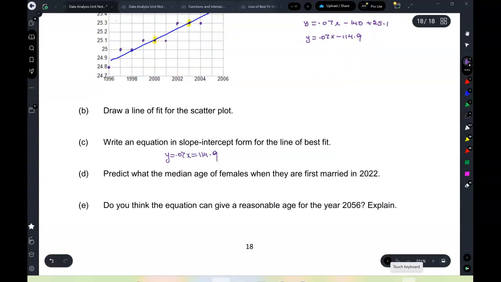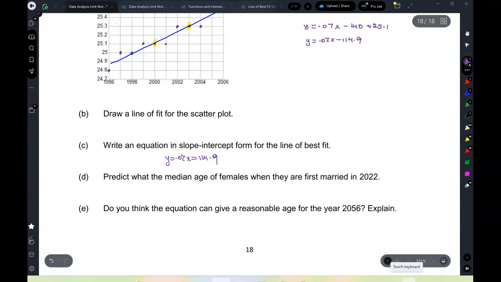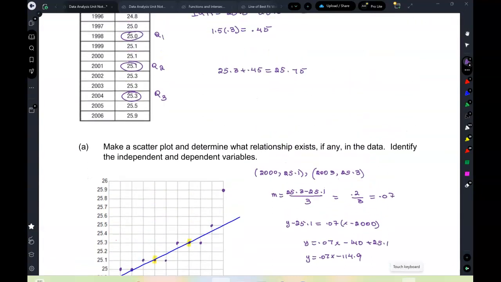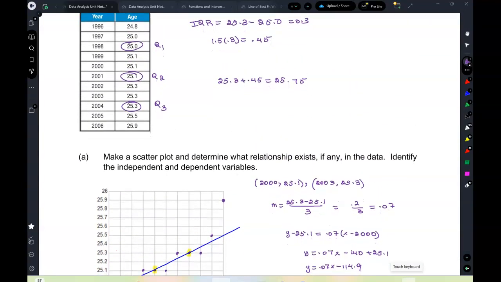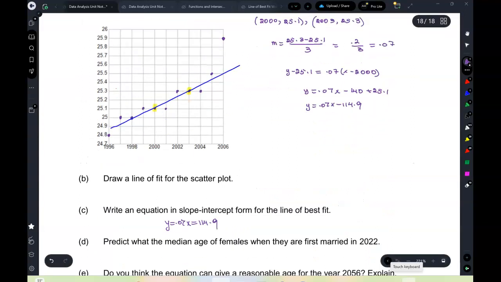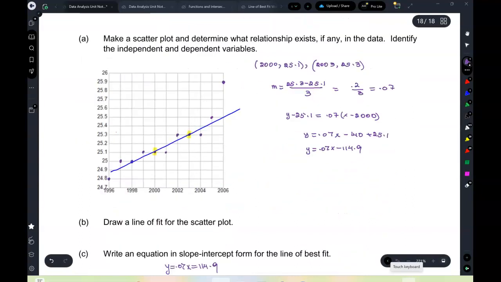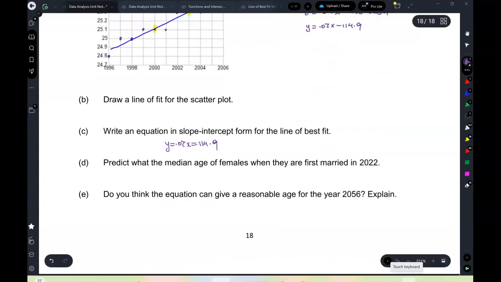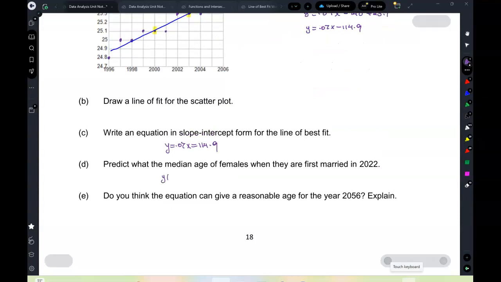If we go with this, what would the median age of females be when they were first married in 2022? What would you do in this case? So 2022, how many years after is that? 26 years, right? So this would be y of 26. That's 0.07 times 26 minus 114.9.